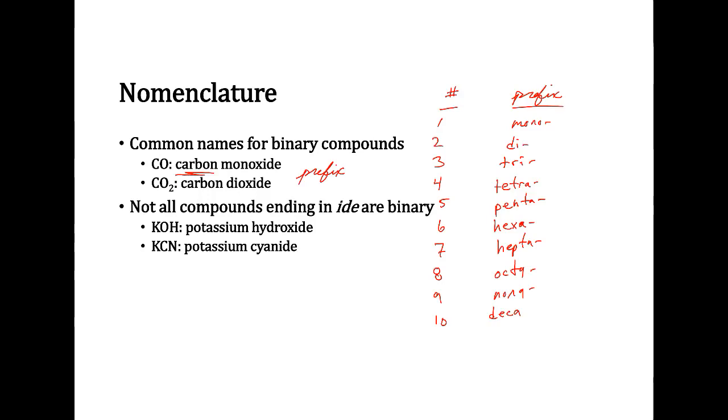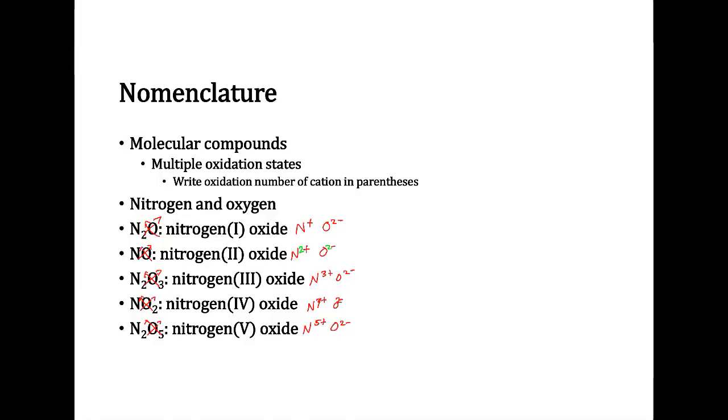All right, so what I want to do now is, now that we have this list of prefixes, let's go back and name the nitrogen and oxygen containing species with the prefix method. Okay, so you guys will be responsible for being able to name these using both methods. But again, please remember that we do not include mono with the first cationic species, only the second anionic species.